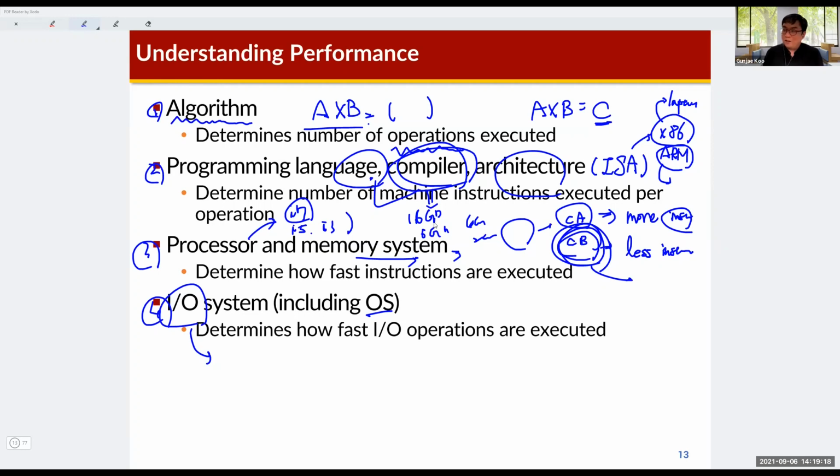So there are many factors: software like the algorithm, programming language, and compiler, and computer hardware like the processor and memory, and then input and output systems. All these components decide the performance of a computer system.